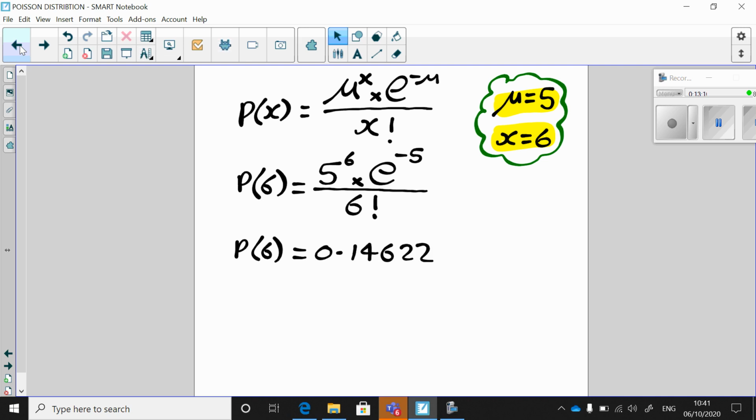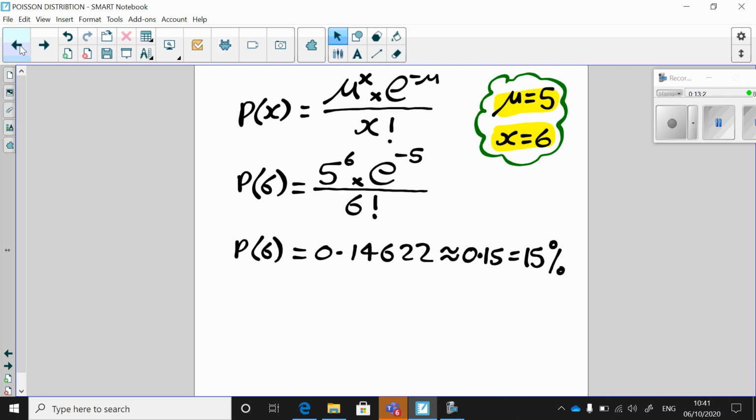So the probability is 0.14622, and knowing me, I'm probably going to round it again to 0.15 just to give me a better handle on it, which is exactly 15%.